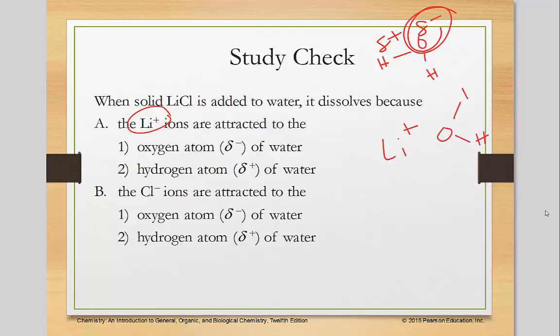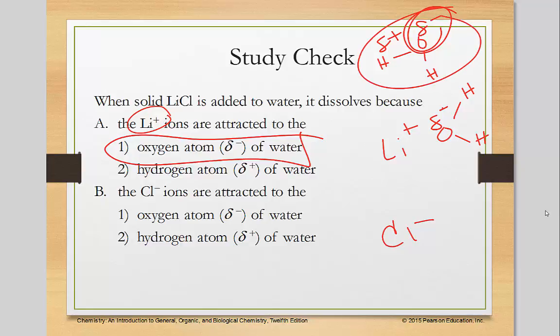So the answer is this one, the oxygen atoms to the partially negative water. Cl- is the exact opposite. We're looking at this compound again. The chlorine is negative. That means it's going to be attracted to the positive, which means it's going to be attracted to the hydrogens.